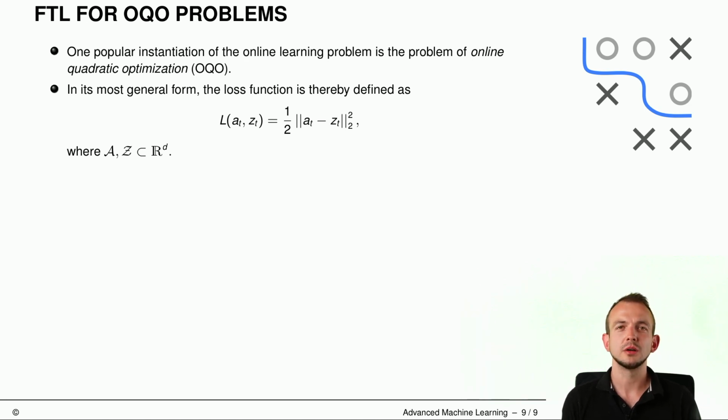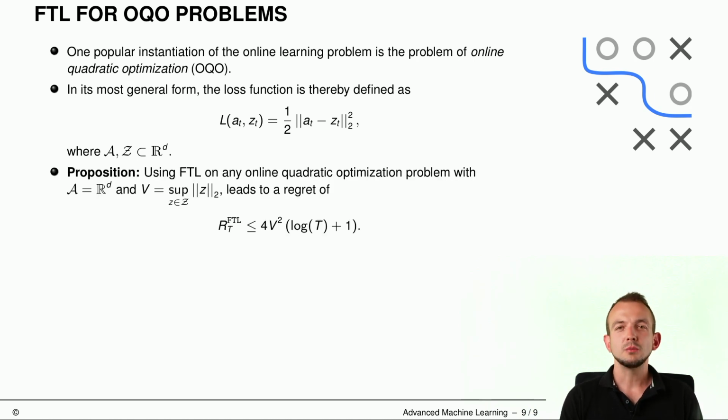But you can also specify quite similar loss functions which have this quadratic penalization nature. We will only look at this very simple case because it is representative for more or less the others. And what we can show for the follow the leader algorithm is the following.